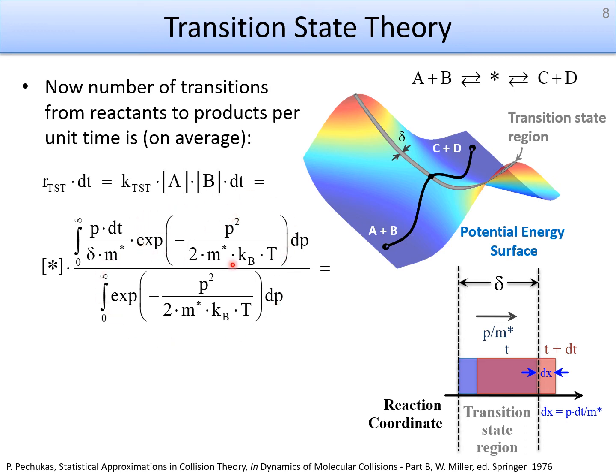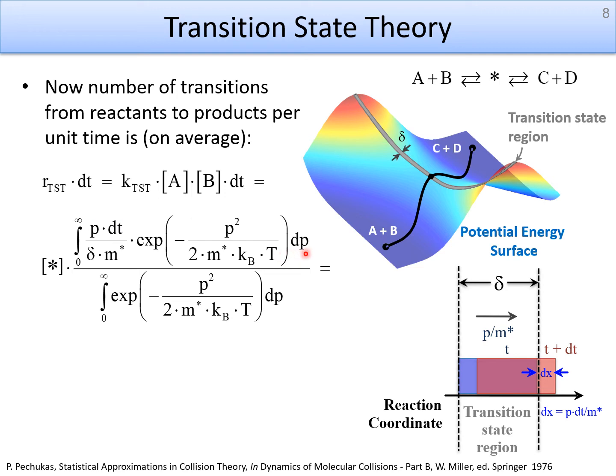So this is the probability factor that I will have momentum P in my system, and this is the corresponding partition function for that momentum. So this e to the minus p squared divided by all this divided by this gives me the probability that my momentum will have value p.